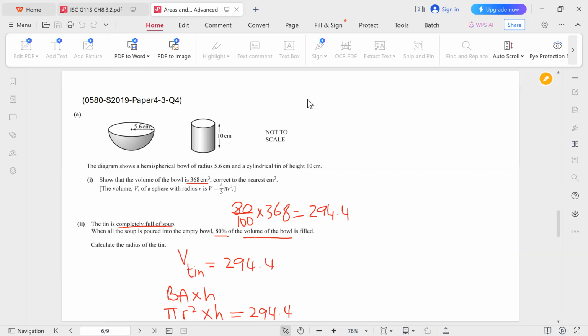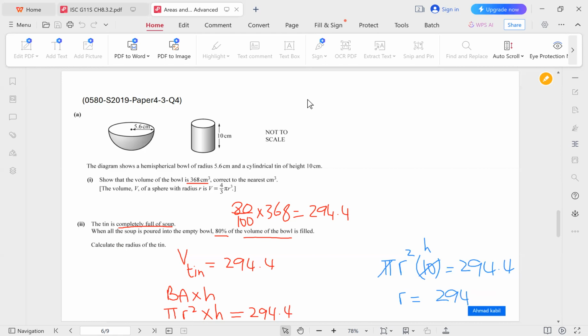So all we have to do now is just say pi multiplied by r squared, which we don't know, multiplied by 10, which is the height. This is equal to 294.4. So we need to isolate the r. So r equals, first of all, we take the pi and the 10 to the denominator.